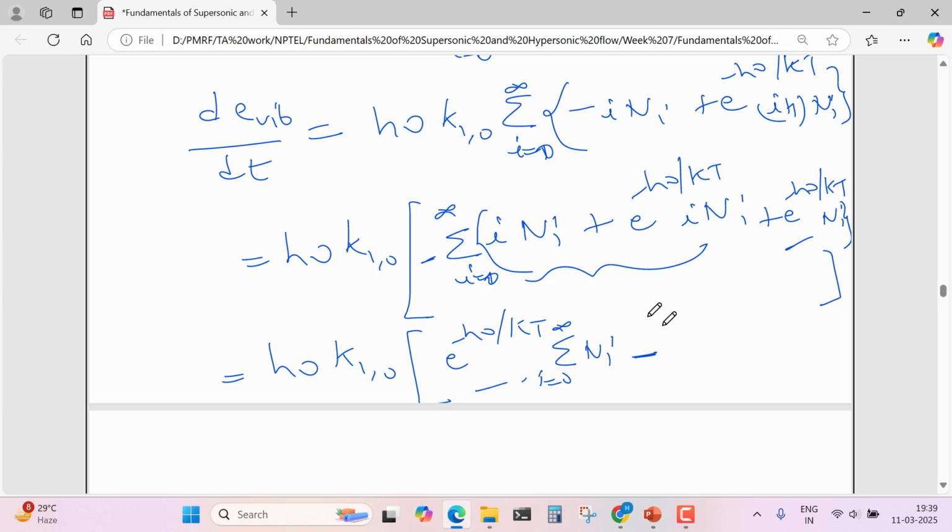Now this term will be minus (1 minus e to the power minus h nu upon kt) sigma i n_i, i equal to 0 to infinity.